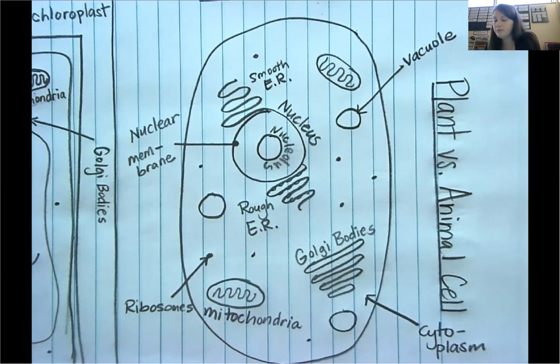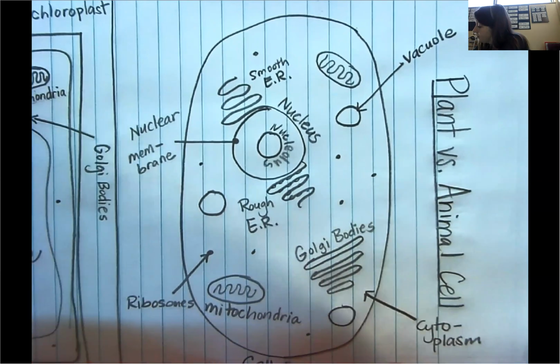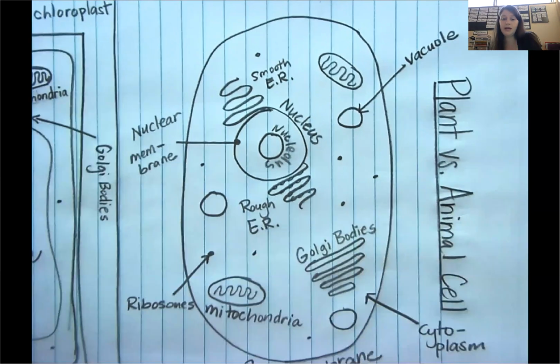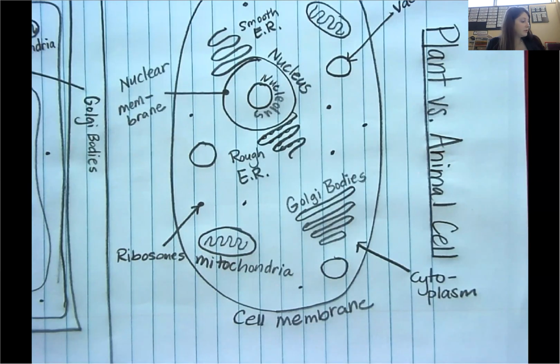There's other things going on, but we'll call it there, other than the cell membrane, which is the outer part. We don't have a cell wall in our cells, so no cell wall needs to be drawn. Let me just check my notes that I got everything. Yes. Okay.